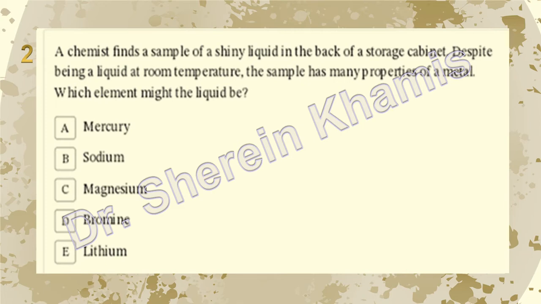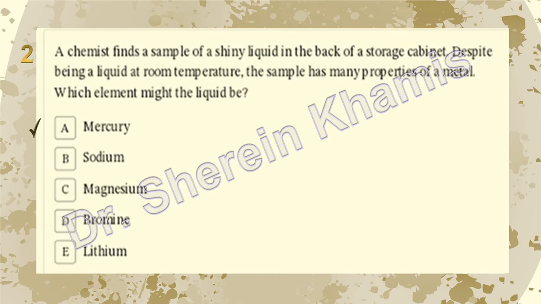We said we have only one liquid metal, liquid and shiny. We have choices: mercury, sodium, magnesium, bromine, and lithium. I think it's an easy question without any doubt. We have the properties of mercury, and it's the right answer.